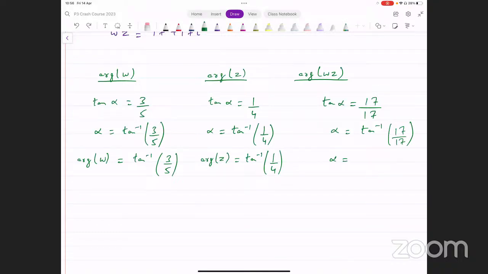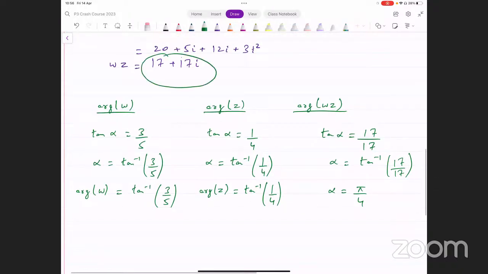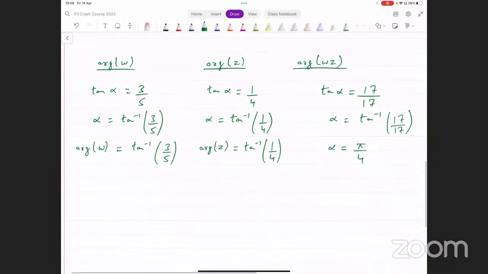Tan inverse of 1 does have an exact value. We know that tan of pi over 4 is 1, right? Tan of 45 degrees, that's 1. So alpha here, therefore, is going to be pi over 4. Now, again, this is also the first quadrant, 17 plus 17 iota. The real part is positive, imaginary part is positive. So the argument of WZ, therefore, is going to be equal to pi over 4.